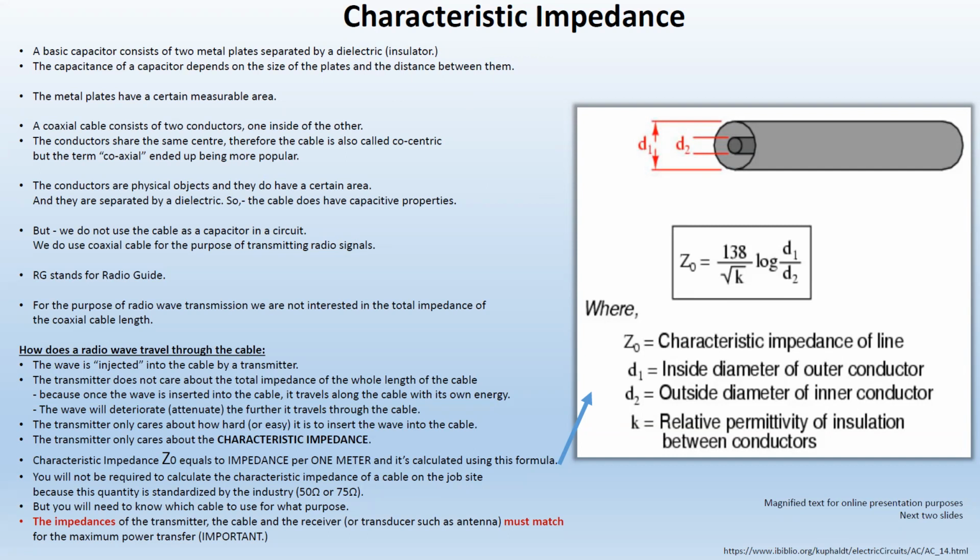So in fact, the characteristic impedance of a coaxial cable is pretty much the impedance of the first meter of the cable. That determines how hard or how easy it is to insert the wave into the cable, so that the wave can travel on its own.